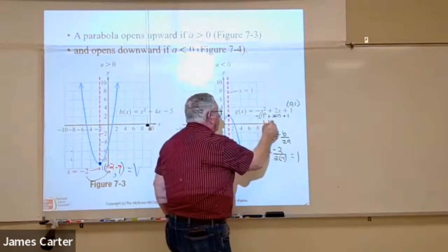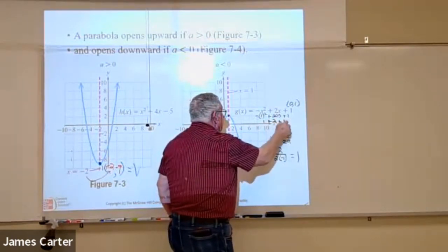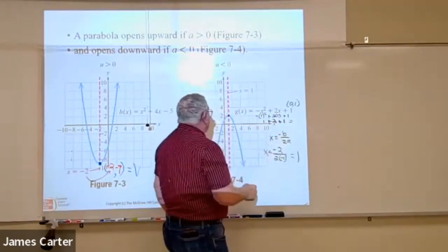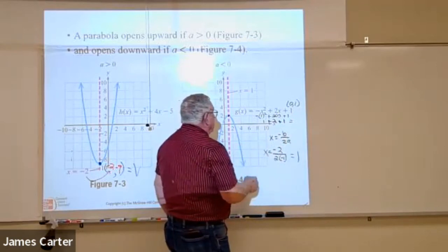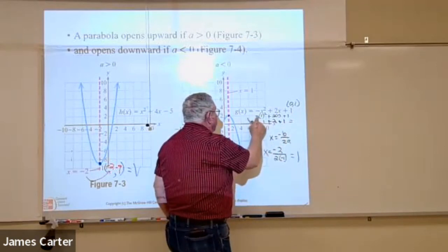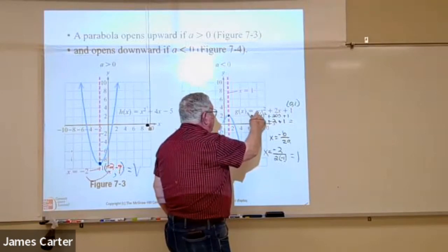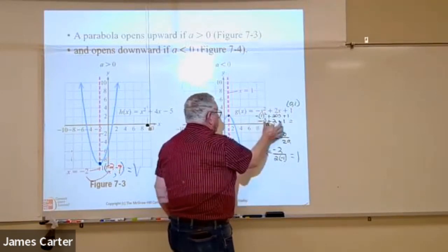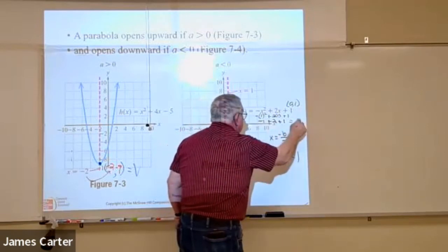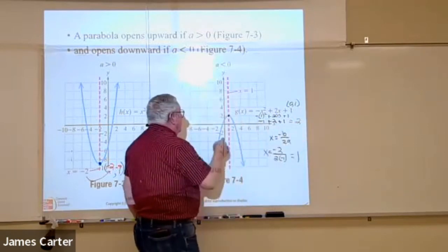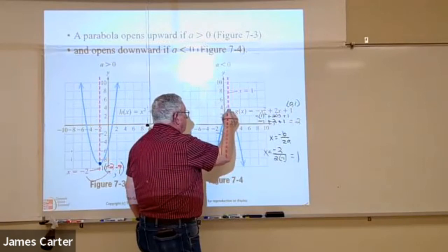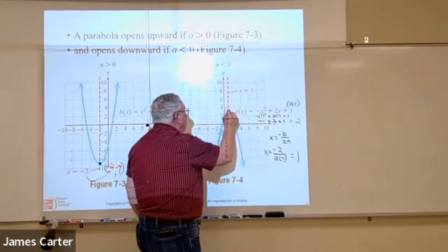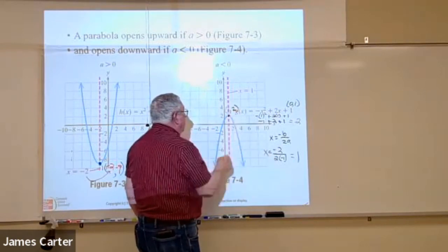This gives me 1 plus 2 plus 1 gives me what? 1 plus 2 plus 1. Negative, oh, this negative is outside. That negative is not affected by that square. So these 2 cancel out and the answer is 2. So this gives me the point 1, 2.